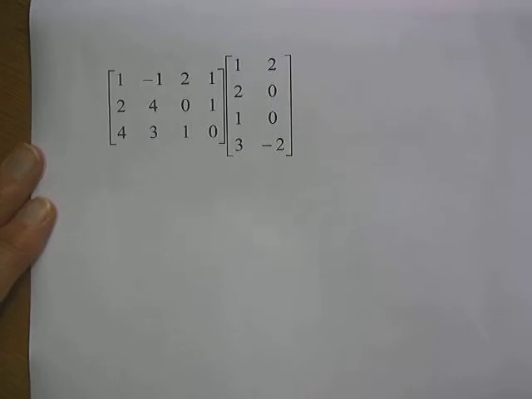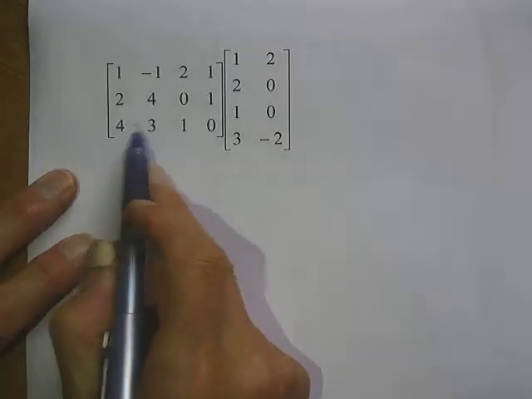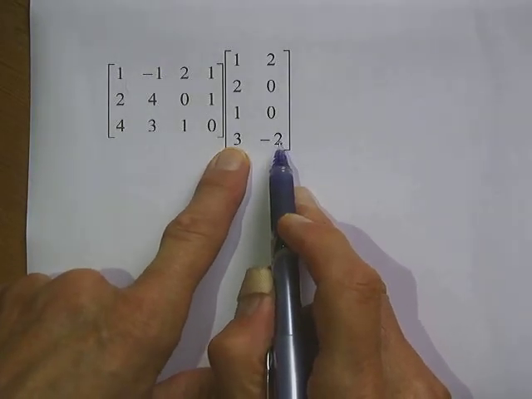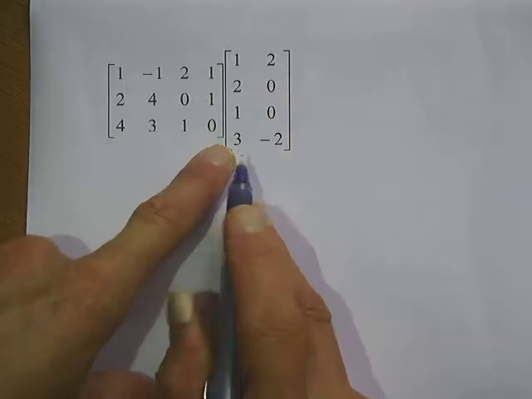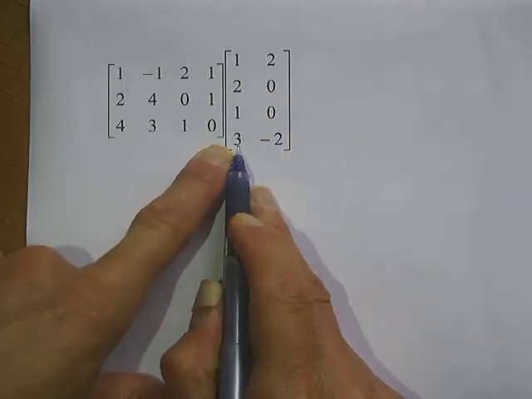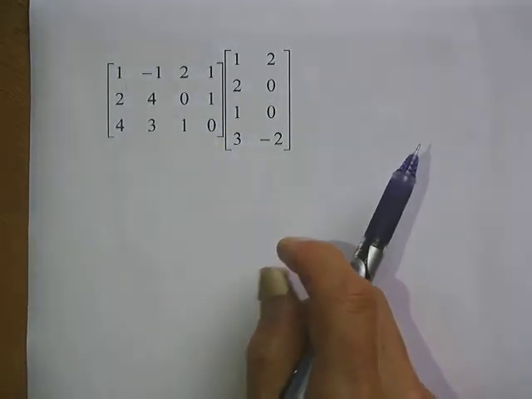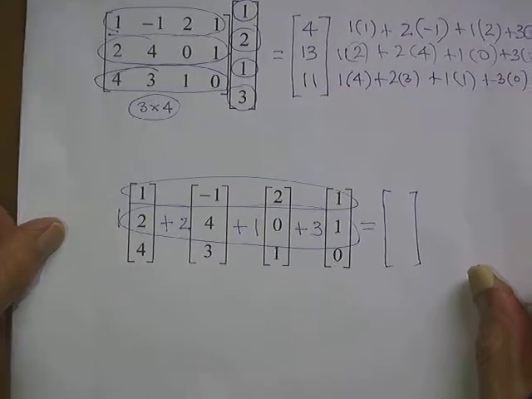Okay, let's do another one. Well, this is different. Same matrix, but now it's multiplied by a matrix. Well, the first column of this matrix is the vector that we just used in our last calculation, but now I've got another column.